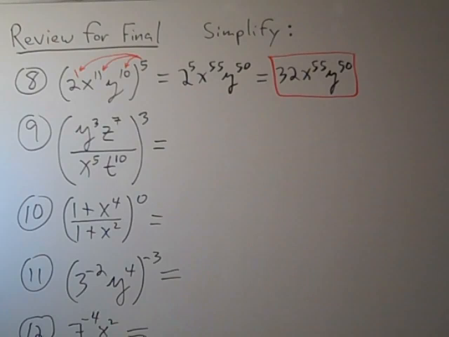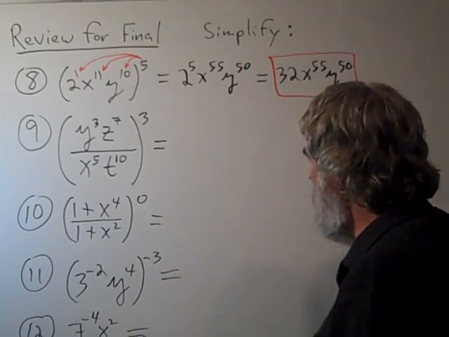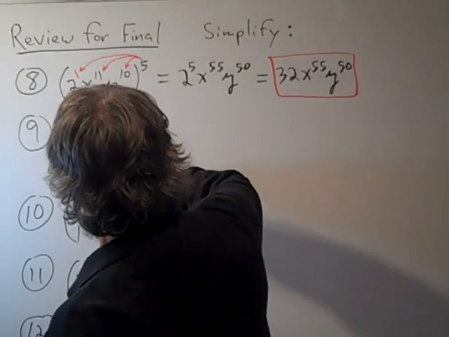For the second problem, let's distribute 3. It's the numerator raised to the 3rd power divided by the denominator raised to the 3rd power.